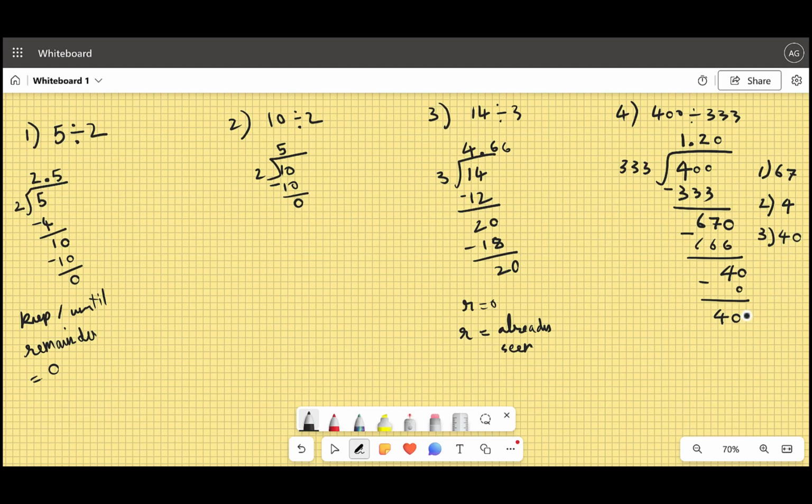Now we add another 0. That's 1 times 333, so 400 minus 333, and when we subtract it, we get 67. This is our fourth remainder. But then we see that we already had 67.